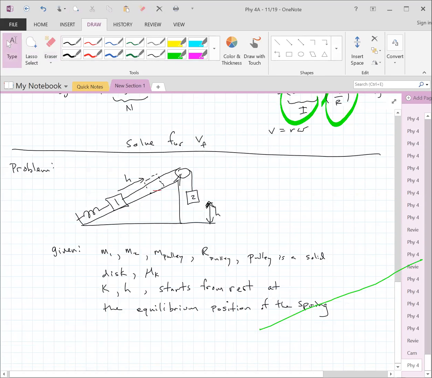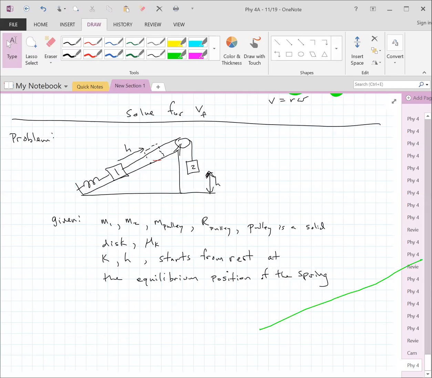Okay, so same problem. Given M1 and M2, M pulley, R pulley, the pulley's a solid disk, we've got some friction, the spring constant, the distance it moves, and it starts from rest at the equilibrium position of the spring.